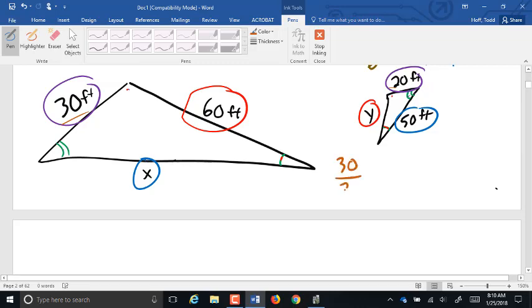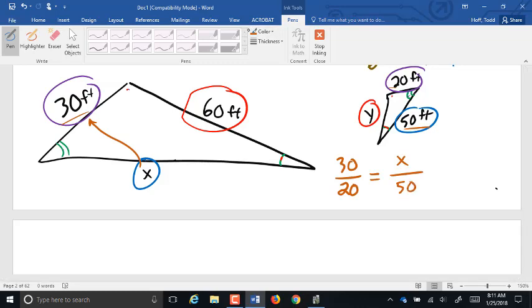Again, I can do 20 over 30 or 30 over 20. Does not matter. I'm trying to find X. Does X go on top or bottom? X is from the same figure as the 30, so it does go on top. What goes below the X? The 50 is the corresponding side from the other triangle.